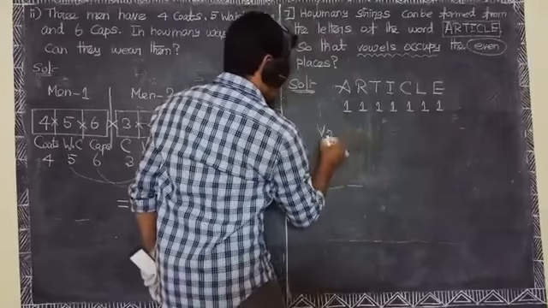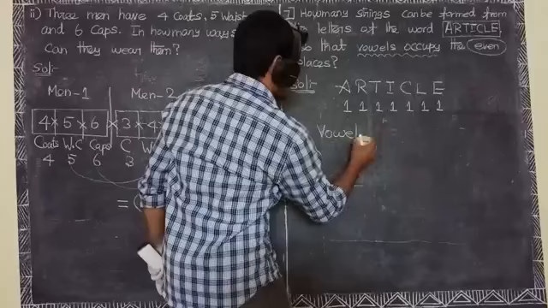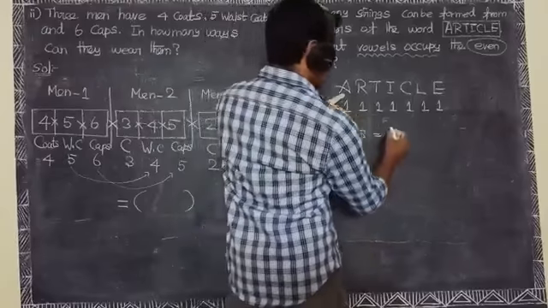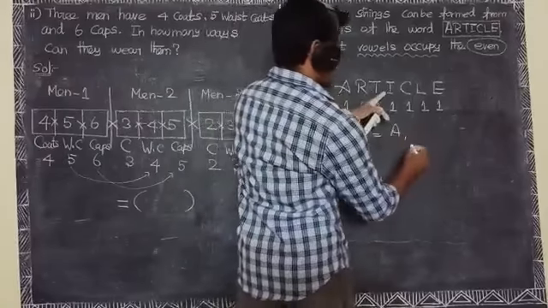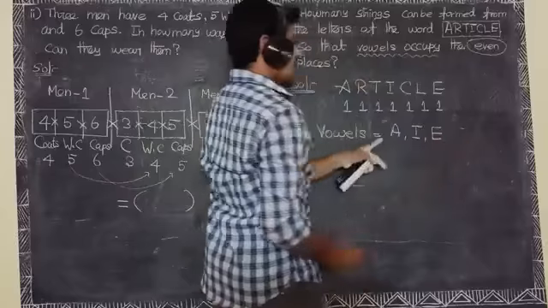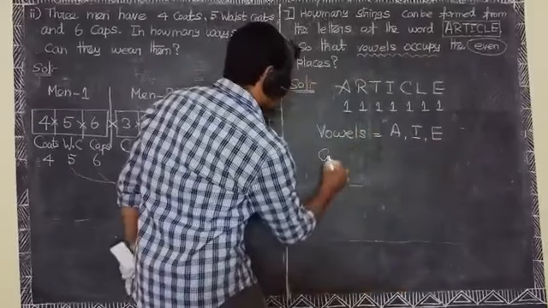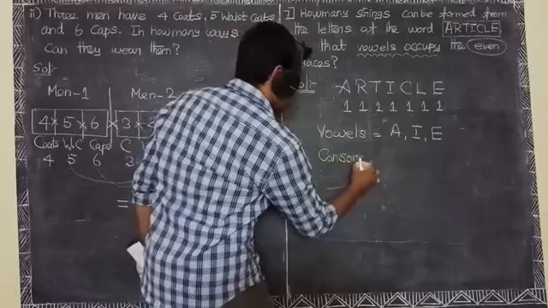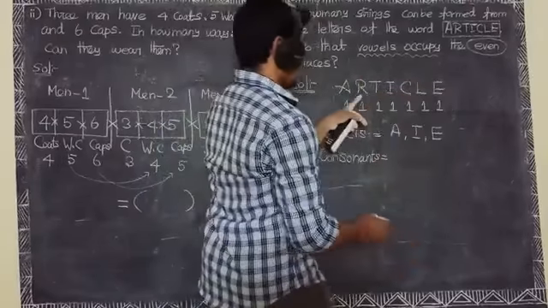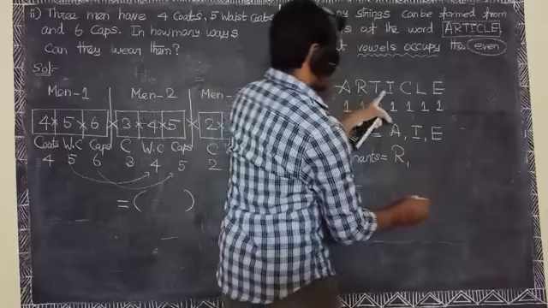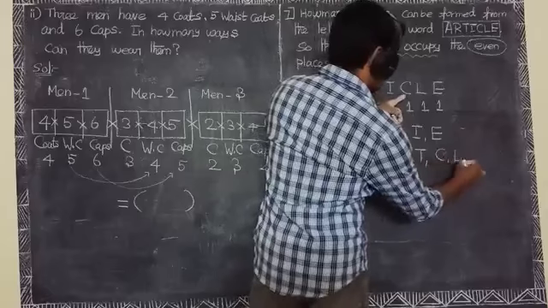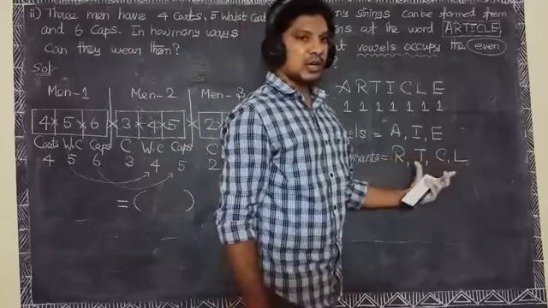The vowels in the word ARTICLE are A, I, E, and the consonants are R, T, C, L, totally 4.